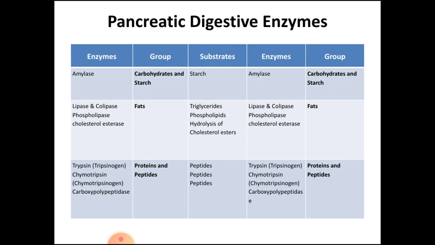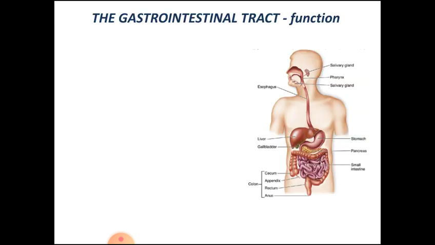In this slide, there is a table showing the pancreatic digestive enzymes: amylase, lipase, phospholipase, cholesterol esterase, trypsin, chymotrypsin, and carboxypeptidase. All these enzymes are secreted by the pancreas, along with the substrate each one works on and its major function.